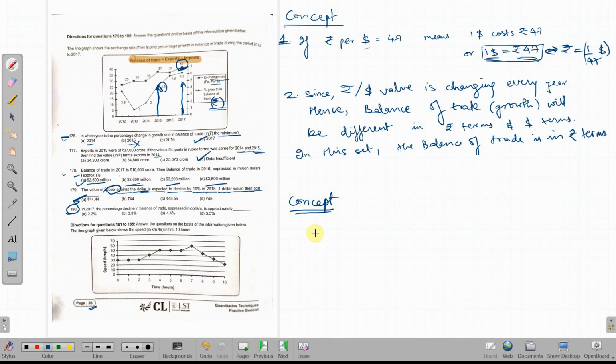Okay, so for example, one thing is composed of two values, A into B is equal to C. If this number changes by 10% and if this number changes by 20%, then what is the change observed in C?